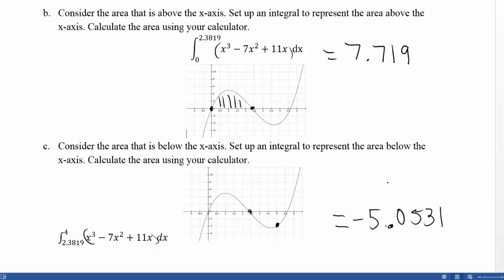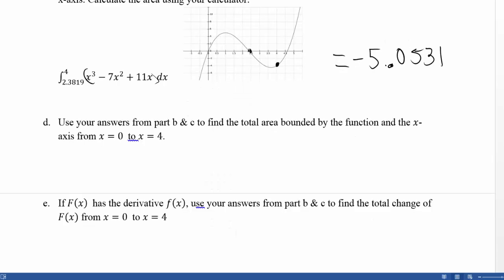So now I can evaluate a couple of other things. Part D. Use your answers from Part B and C to find the total area bounded by the function and the x-axis from 0 to 4. So here, the total area bounded means we need to look at the positive areas. So I'm going to take my positive area, 7.719, and then add to it the area that's below.